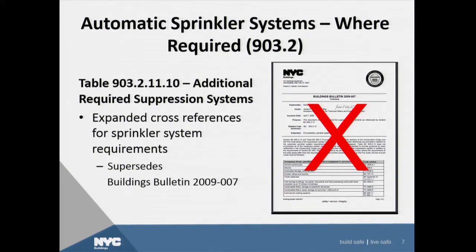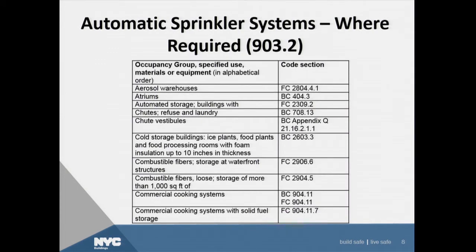This code provision supersedes it because the code actually lists in a table format all the other places you might need sprinklers from other parts of the world. Okay, so if you happen to be designing an aerosol warehouse, you should know that the fire code requires sprinklers. If you're doing an atrium, BC 404 requires sprinklers.